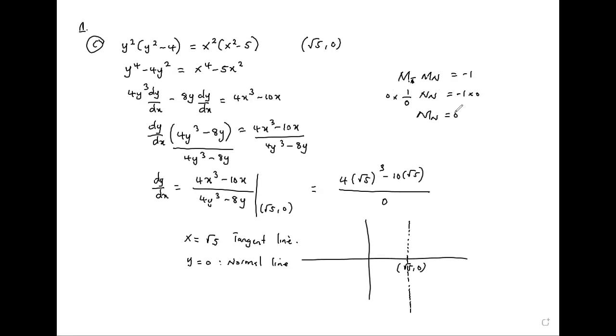So if mn is 0, then even if you try to use the equation y is equal to 0 plus c, we are still having 0 plus 0 is equal to c, because this is 0 and this is 0 in the point. That's why we have concluded to say the line then is y is equal to 0 and the other one is x is equal to root 5.